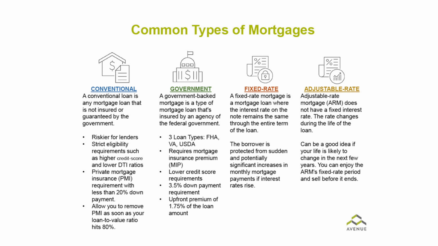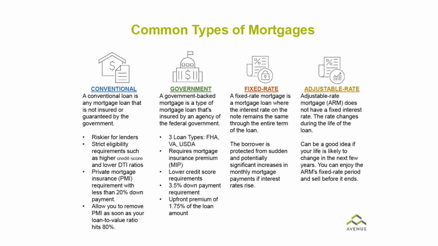Common types of mortgages. There are two types of mortgages out there, the conventional and the government. A conventional loan is any mortgage that's not insured or guaranteed by the government. These are loans that are put out there by anybody and everybody else. The government loans are government-backed mortgages, which means they're insured by an agency of the federal government.